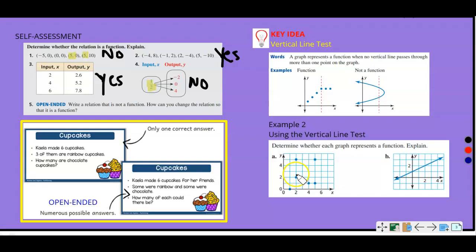It only needs 1 to show up twice to not be a function, but this one has 2 reasons to not be a function. So A is not a function because it does not pass the vertical line test. B is a diagonal line, so each x shows up one time, so B would pass the vertical line test, so B is a function.